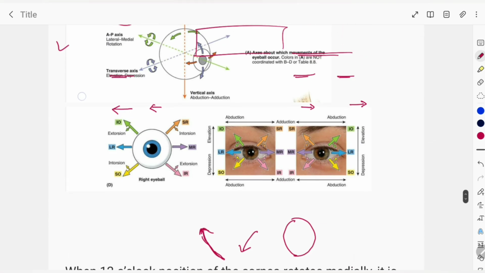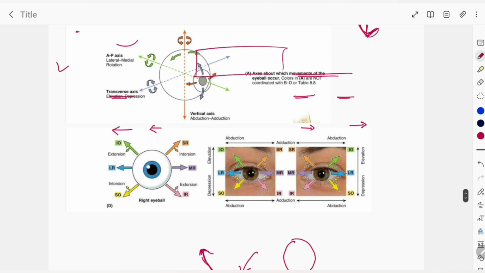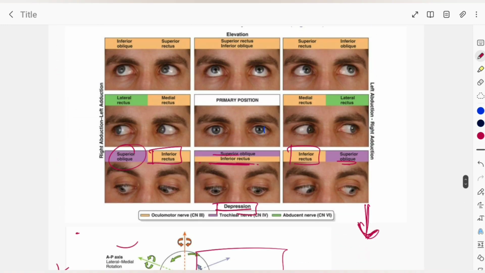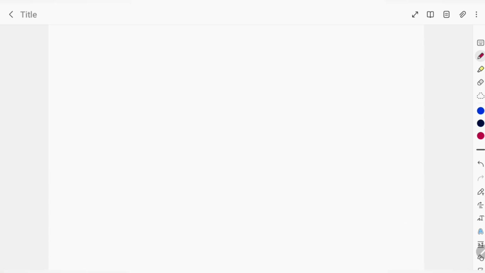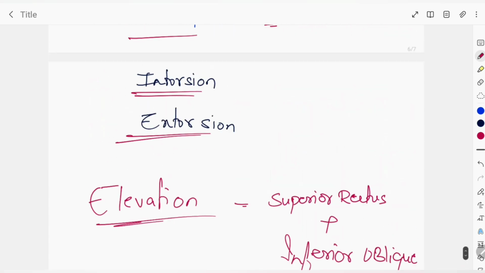So this is all the action of the extraocular muscles for elevation, depression, adduction or abduction. So we have discussed the nerve supply also, action and origin and insertion of all the extraocular muscles.